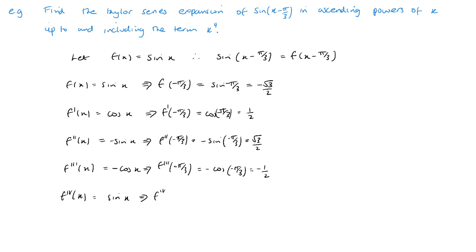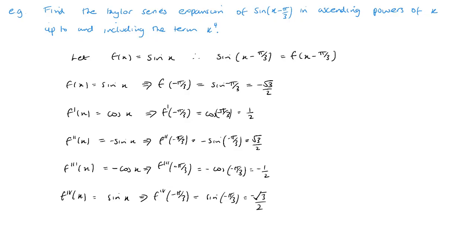And then substituting minus pi by 3 in, we get sine of minus pi by 3, and that is back round now, isn't it, to minus root 3 over 2. So that's my differentiations and my substitutions in for my f of x.